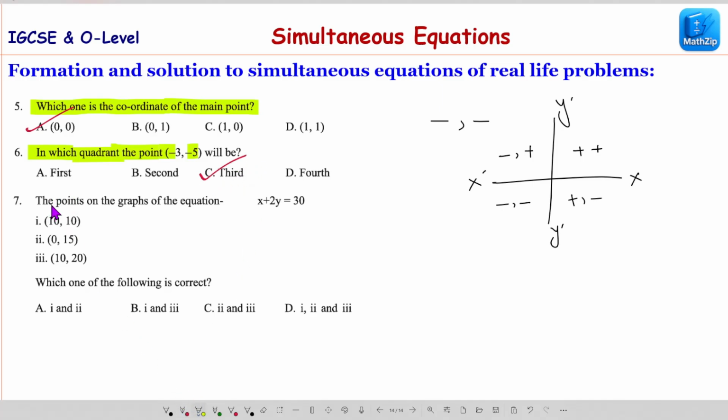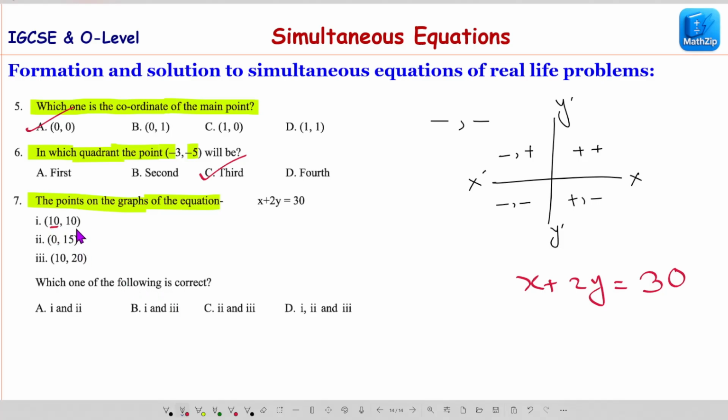Number 7 and today's last question, the points on the graph of the equation x plus 2y equals 30. Which one of the following is correct?